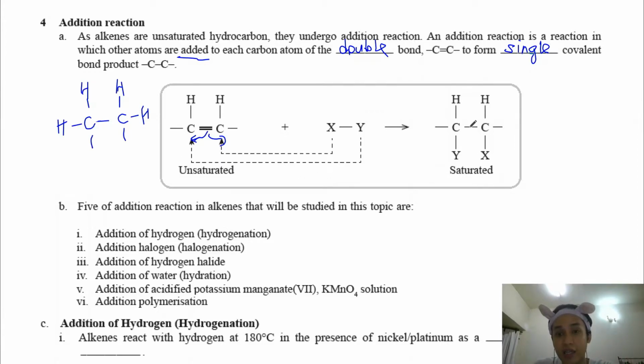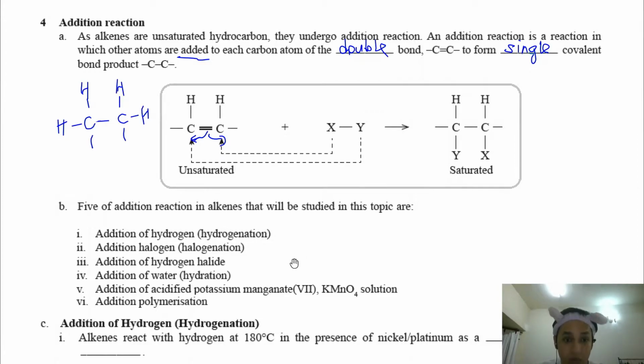Saturated means these bonds can no longer be broken to separate anymore. You can only break the double bond here to form 2 single bonds. Once you do that, it's already saturated, meaning no more reactions can happen. Whatever is added will be added to the position of the carbon double bond.